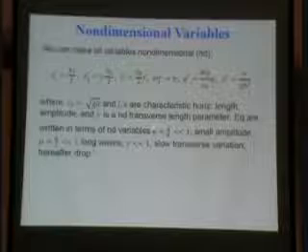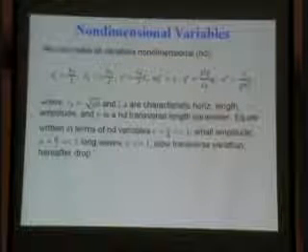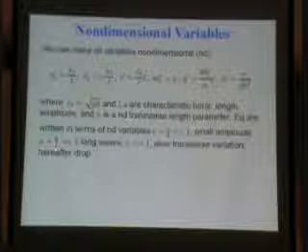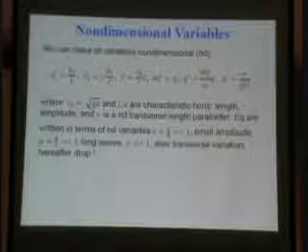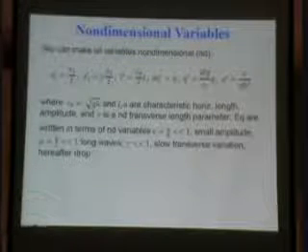So you go through non-dimensionalization, you get three small variables. A over H, small amplitude. H over L, we call that long waves. H, long length. That's a way of saying shallow water. And then gamma is the transverse flow variation.